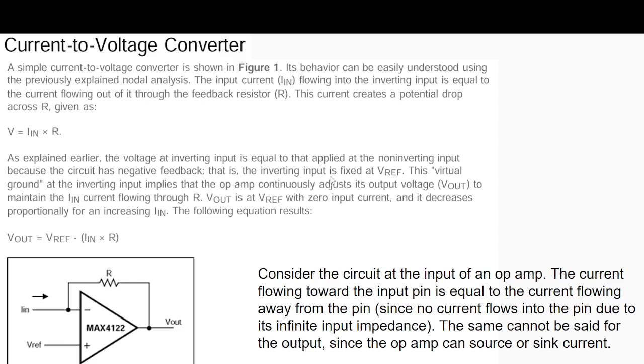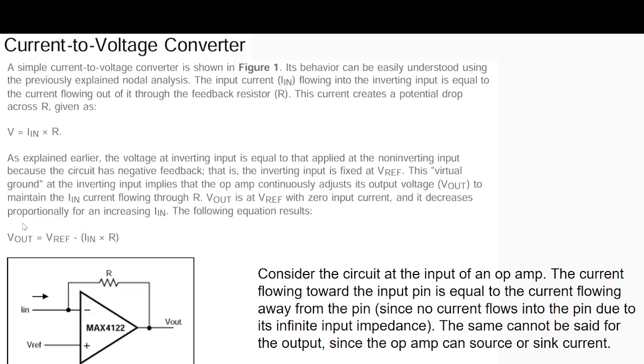So that's why I put in this slide. A simple current to voltage converter is shown in this figure. Its behavior can be easily understood using the previously explained node analysis. That's what it does: it's the same current coming in, Vin over R, and the output is going to be Vref minus Vn.